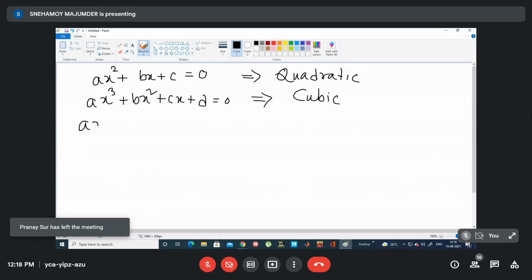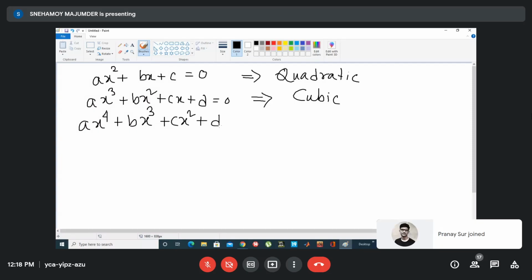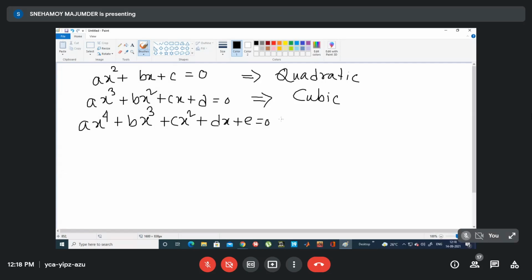Maybe you have quartic, that is, to the power 4.